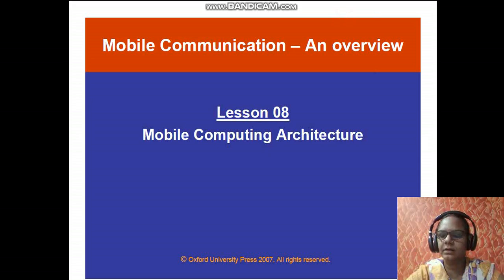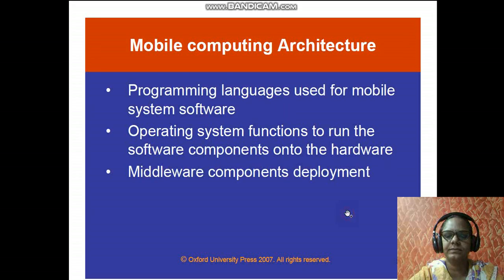Okay, we'll begin with mobile communication and overview with lesson number 8, mobile computing architecture. Mobile computing architecture, programming languages used for mobile system software. So these programming languages are there for the architecture.